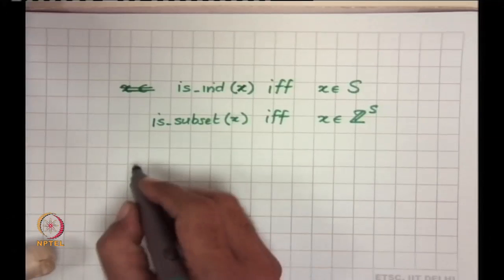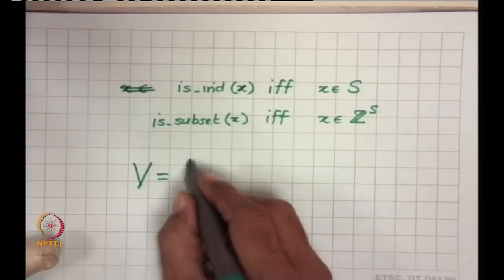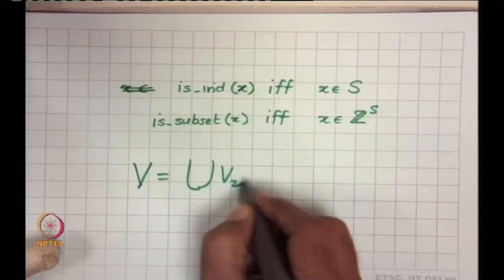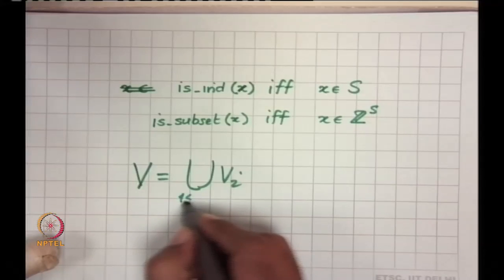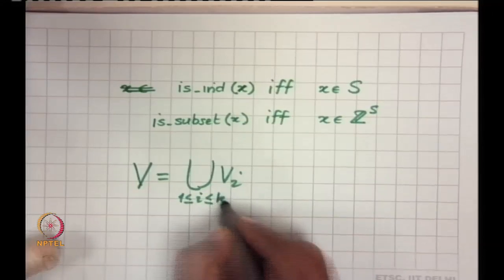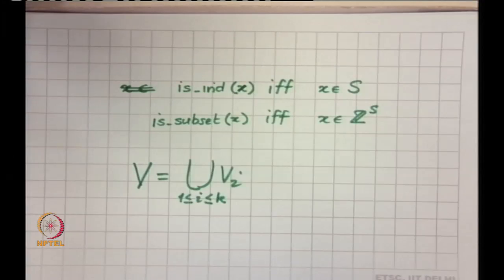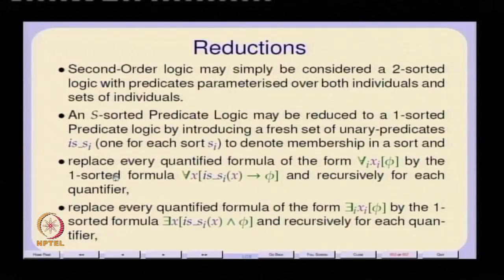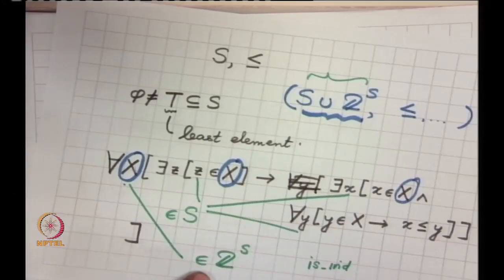So, we can just take V, the set of variables, to be just this Vi for all the sets 1 less than or equal to i less than or equal to k. However, what we need to do therefore is, when we use quantification, we need this implicit information to be used, right.